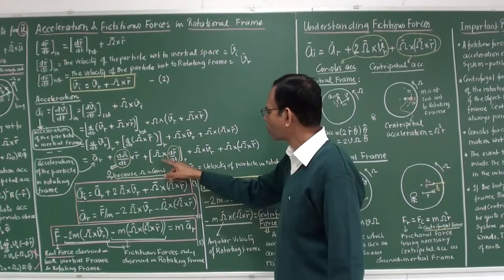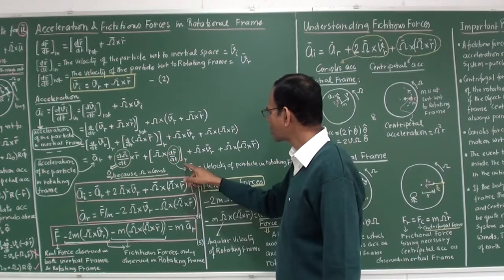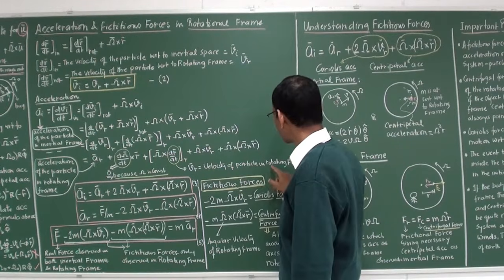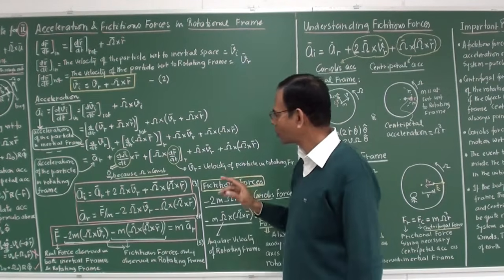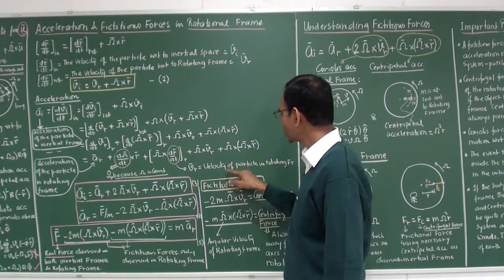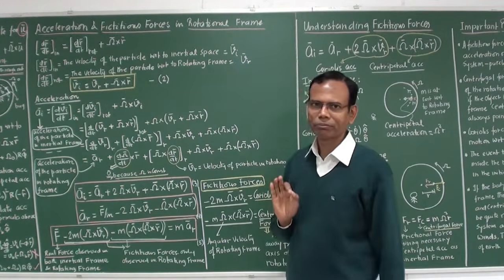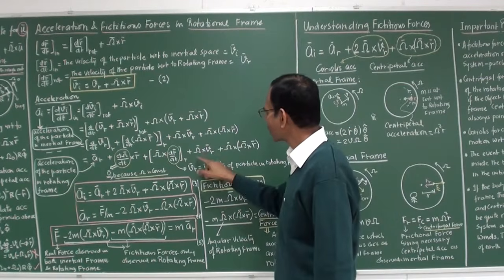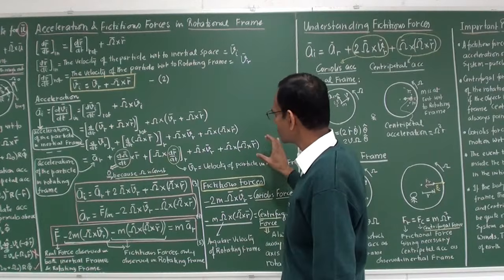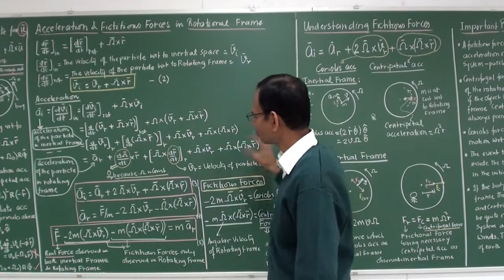So omega cross dr by dt. dr by dt is vr, the velocity of the particle in the rotating frame. Plus omega cross vr, plus omega cross omega cross r. So this is the full equation.